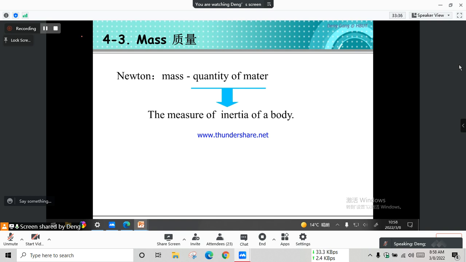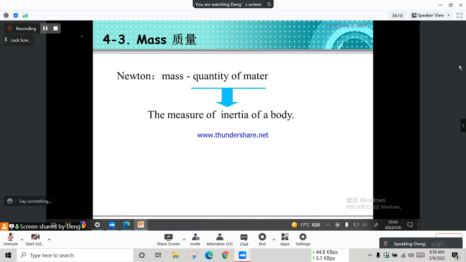So the heavier things are not so easy to change in their state of motion, but light things you can change very easily. Heavy means more matter, so a heavier object has greater mass, and it is not easy to change its state of motion.